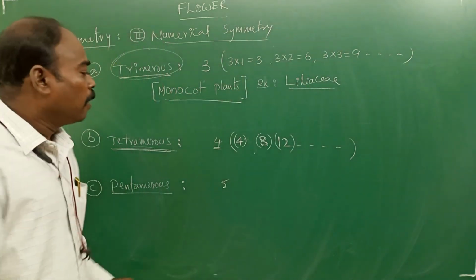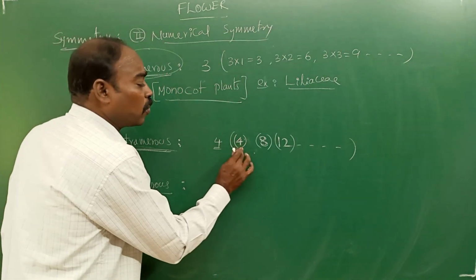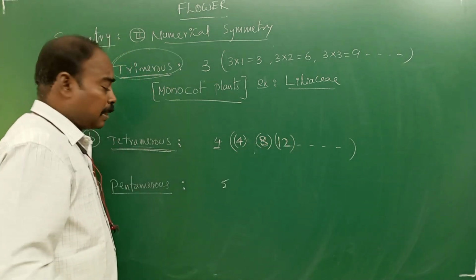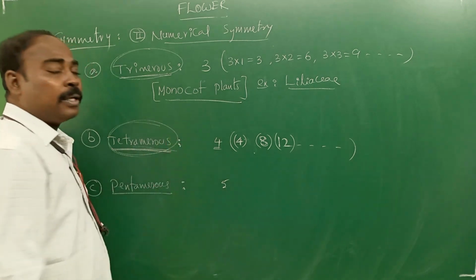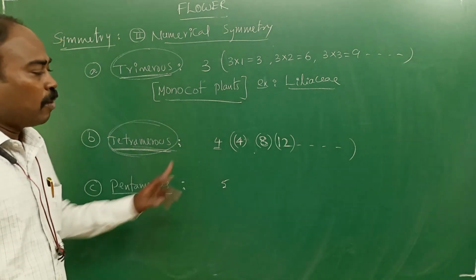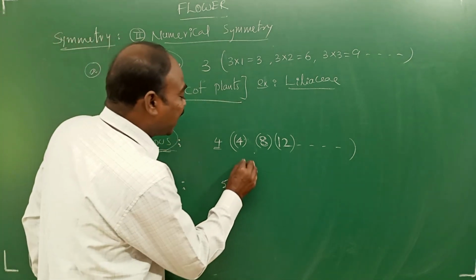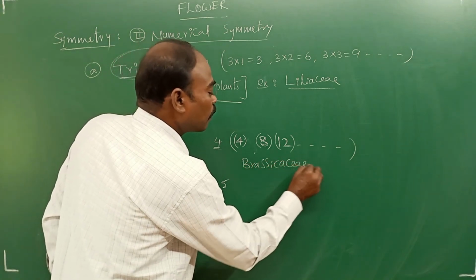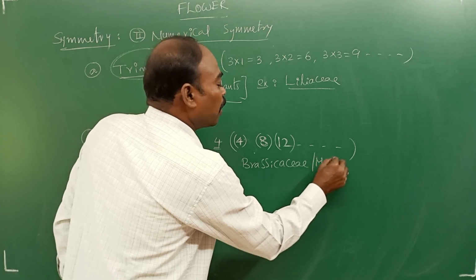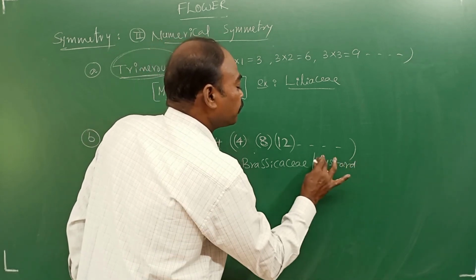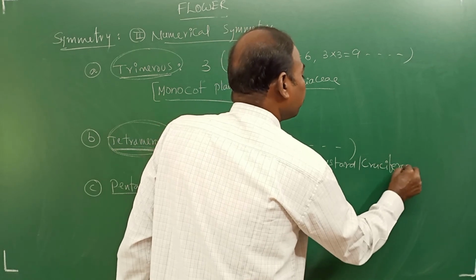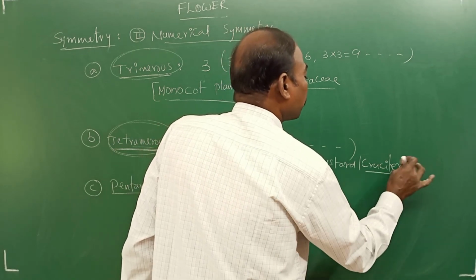Whenever the floral leaves are 4, 8, 12 or multiples of 4, that symmetry is called tetramerous symmetry, found in the Brassicaceae family, or mustard family, or cruciferae family.